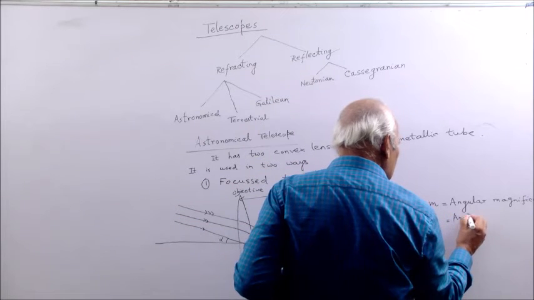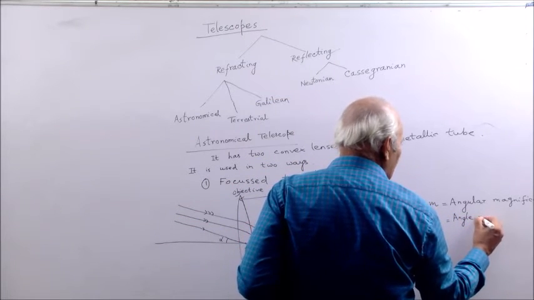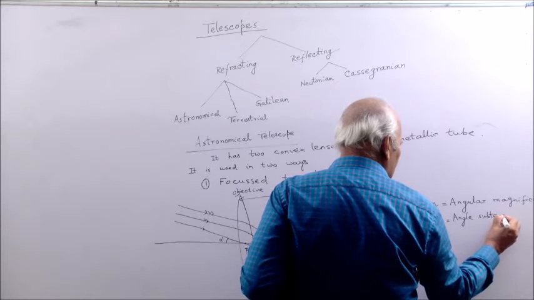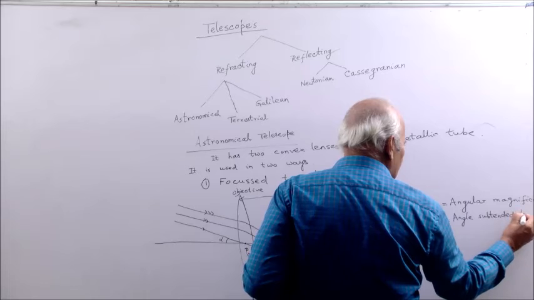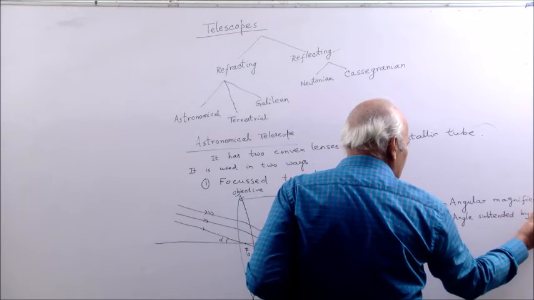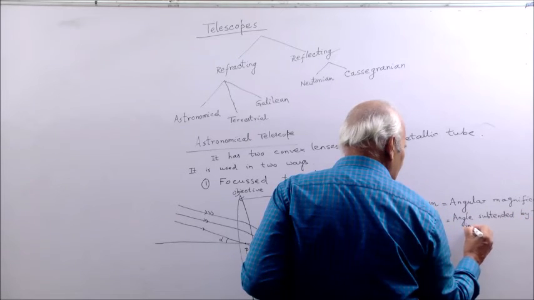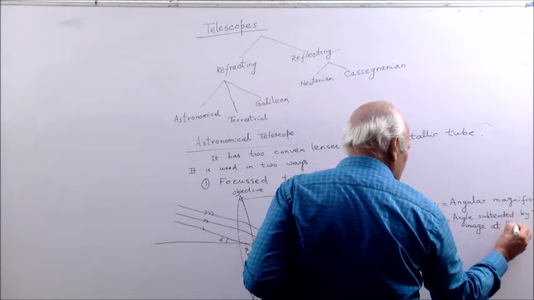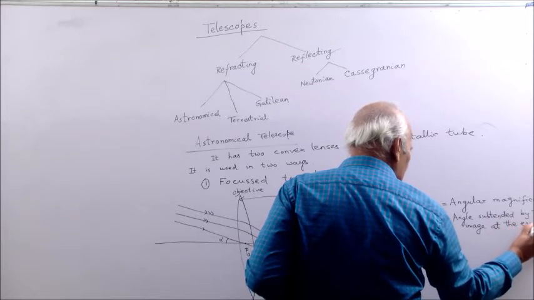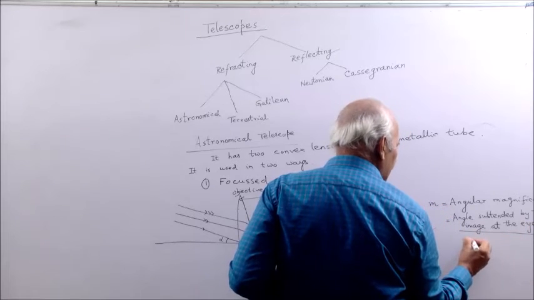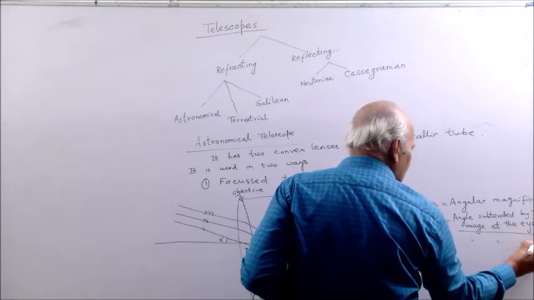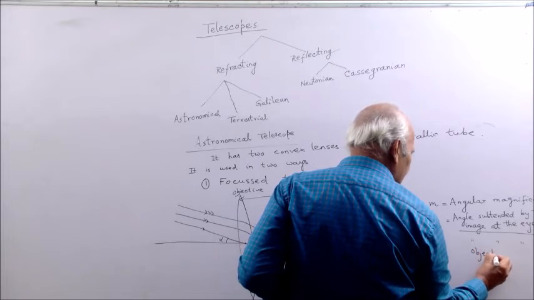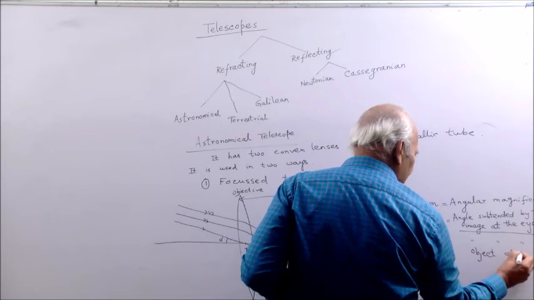the angle subtended by the image at the eye divided by the angle subtended by the object at the eye.